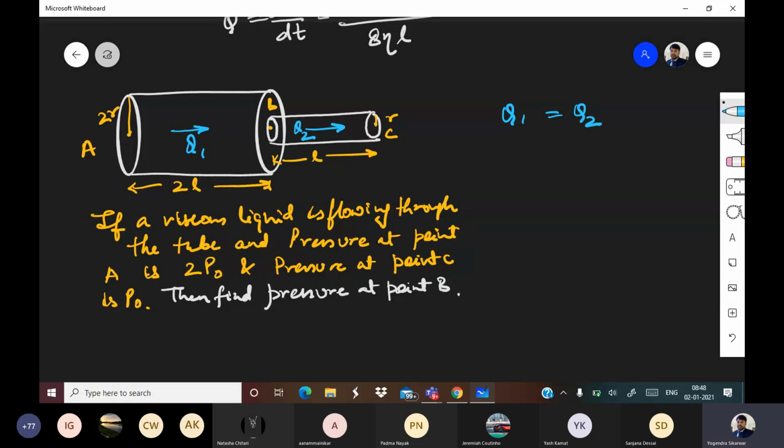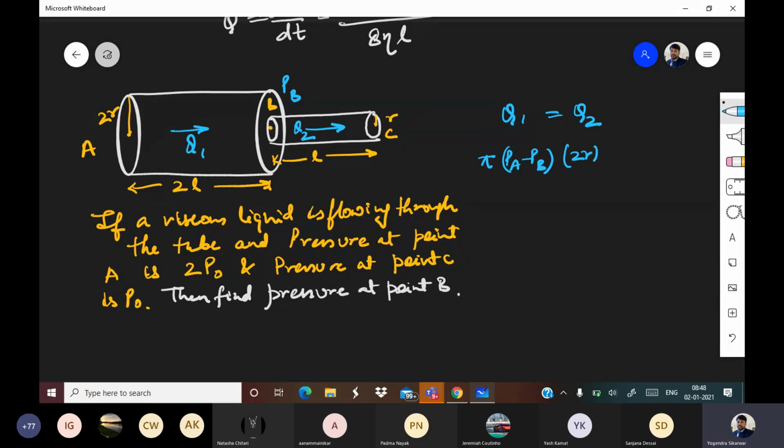Okay. So suppose pressure at point B is PB, which we need to find out. Amod is saying 3 by 2. All right, we don't know. We'll see. So Q1 will be how much? Pi into delta P. That will be PA minus PB, into R to the power 4.